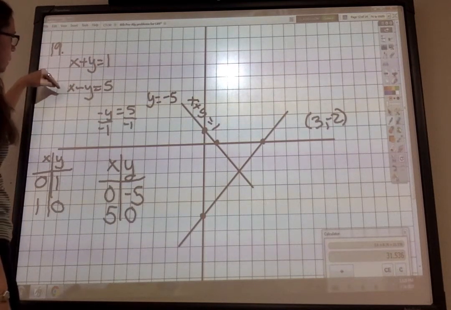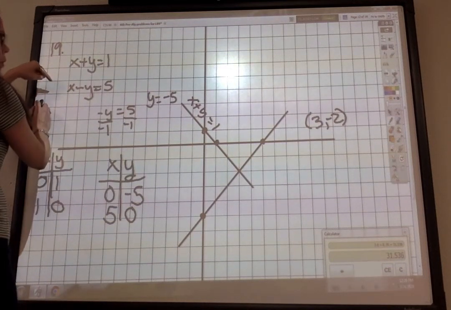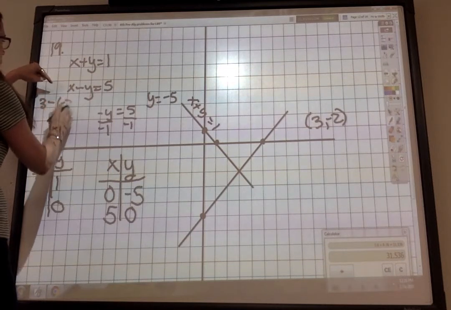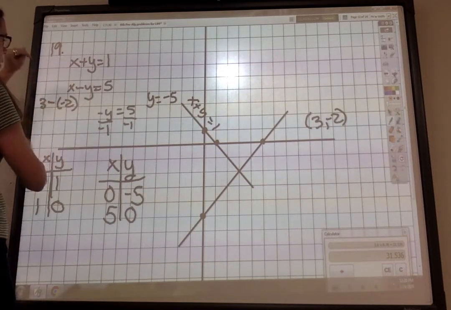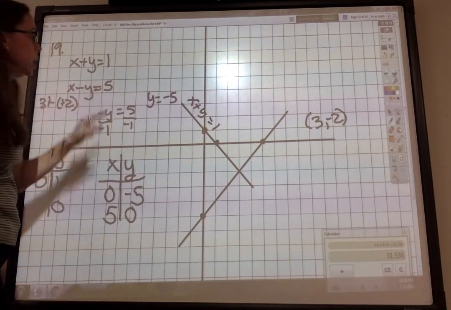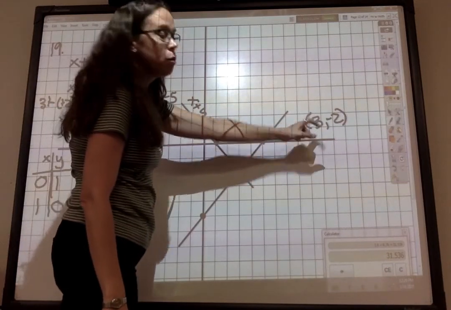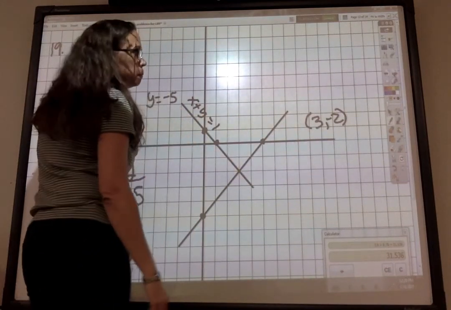Yes. If x is 3 and y is negative 2, then I would end up with 3 minus a negative 2. Minus a minus means add the opposite. 3 plus 2 does equal 5, so it works out in this equation too. So the solution to this system is 3, negative 2.